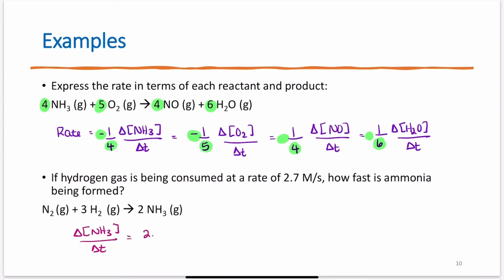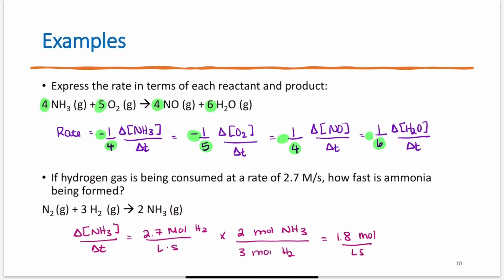I know that hydrogen is being consumed at a rate of 2.7 molar per second, which is 2.7 moles of H2 per liter second. The balanced equation tells me I have 2 moles of NH3 being produced for every 3 moles of H2 being consumed. So the rate of production here is 1.8 moles per liter second, or you can say 1.8 molar per second.